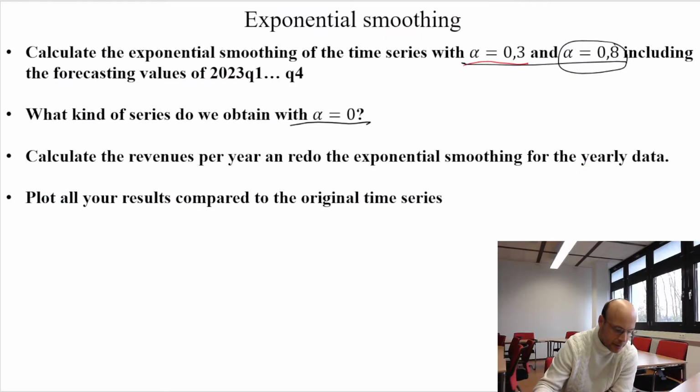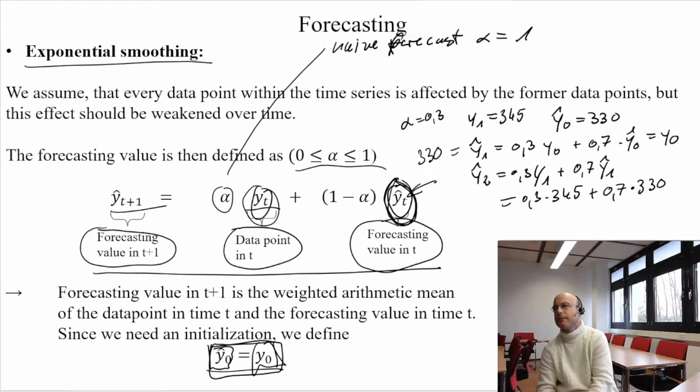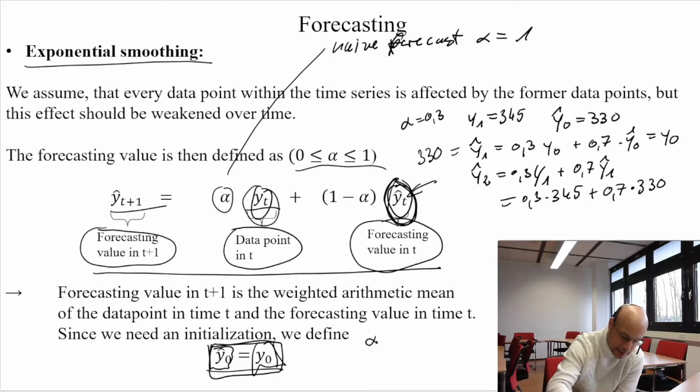Let's have a look in the definition of exponential smoothing. Now alpha equals 0. How does the forecasted data look like?